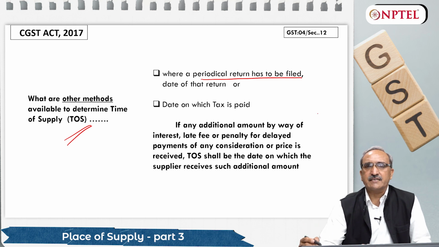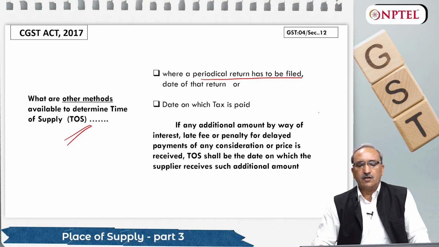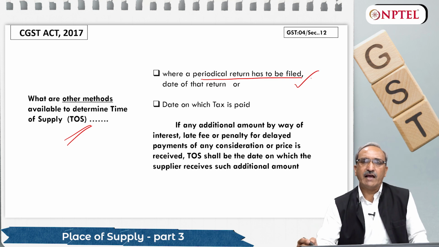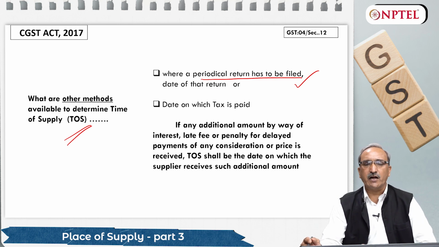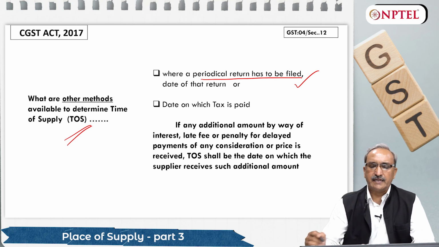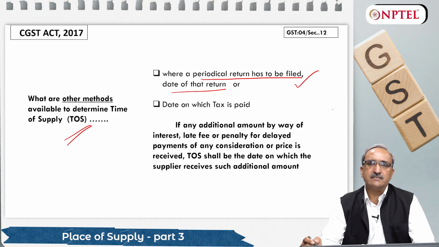So 3B is the return where I actually pay tax. Where it is not possible for us to determine the point of taxation or time of supply, it says where periodical returns are filed, the date of that return is the point of taxation.